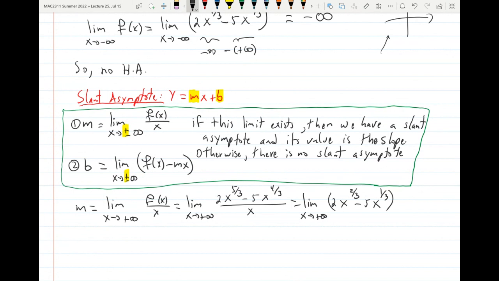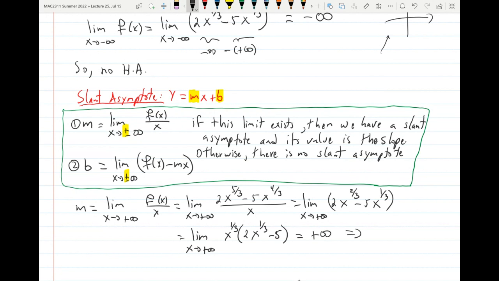We're going to get some type of infinity. Here we have infinity minus infinity, but again, we can factor. This time the lowest exponent is 1/3, so we take out x to the 1/3. So we get x to the 1/3 times 2x to the 1/3 minus 5. And then this is infinity times infinity, so it's going to be positive infinity.